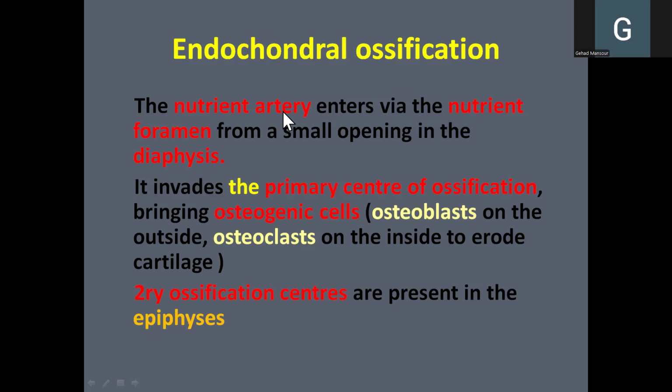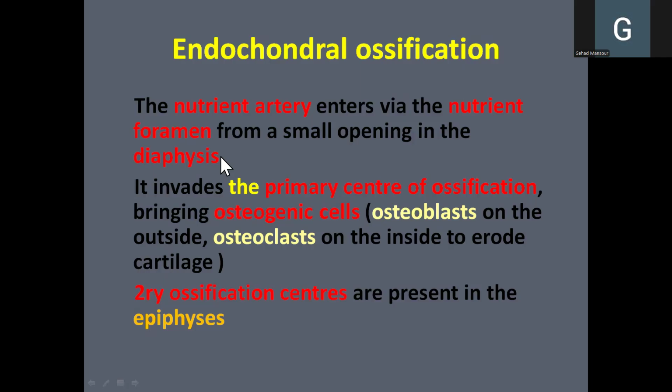And this nutrient artery comes as a branch of the longitudinal artery that runs along the periosteum. How does the nutrient artery reach this fibrous model, or this group of cells that will form the bone? Via a foramen or an opening that will later be called the nutrient foramen, and we have seen it in the shaft of the bone before, and the shaft of the bone is called the diaphysis.